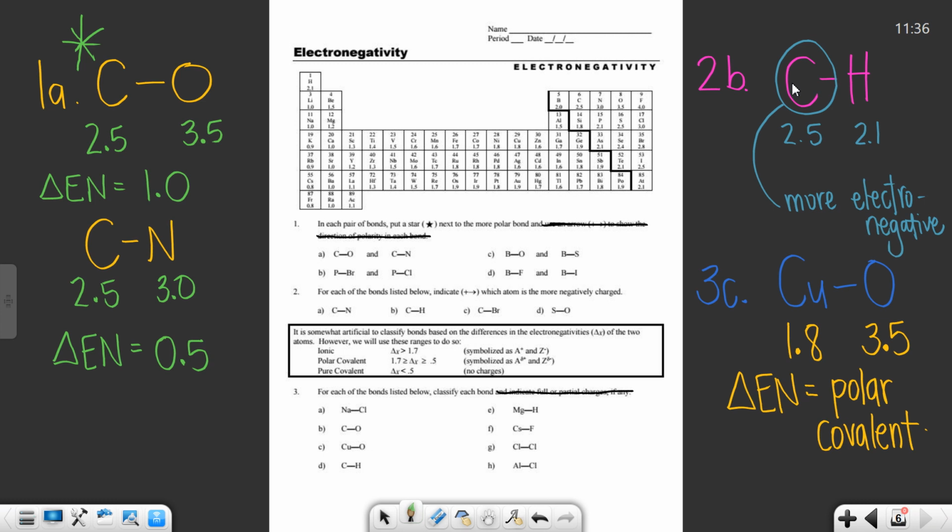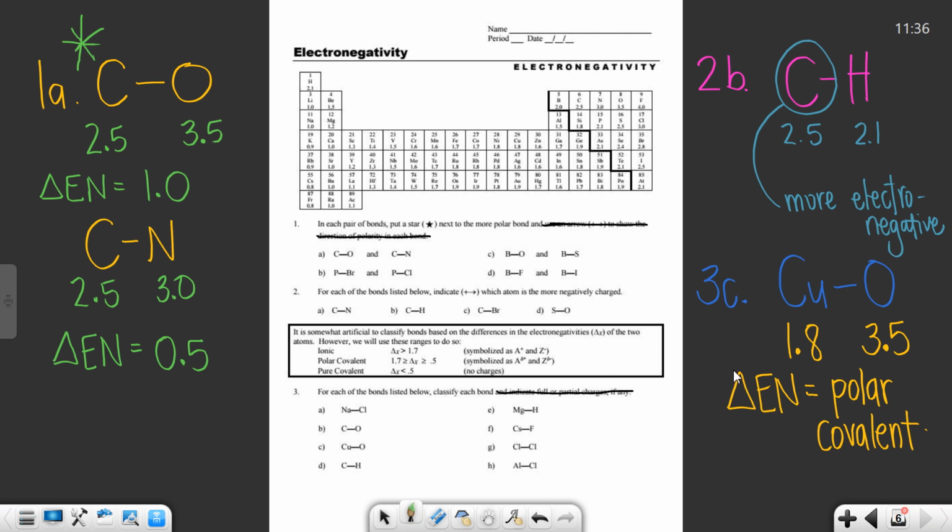Polar covalent, the value is between 0.5 and 1.7, including those two numbers. So 0.5 to 1.7, including those two numbers. That would be polar covalent. And then we have ionic. The difference in electronegativity has to be greater than 1.7, so 1.8 and higher.